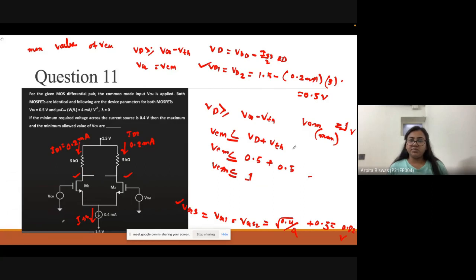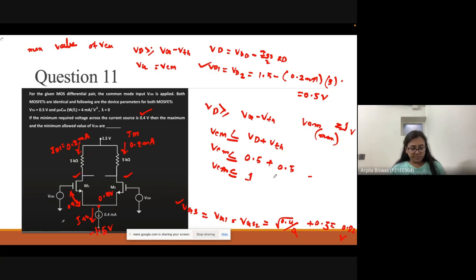So how to find the minimum VCM value? Here, the VGS value we found is 0.82, and the other condition given is that the voltage across the current source is 0.4 volt, and minus 1.5 volt is applied here.